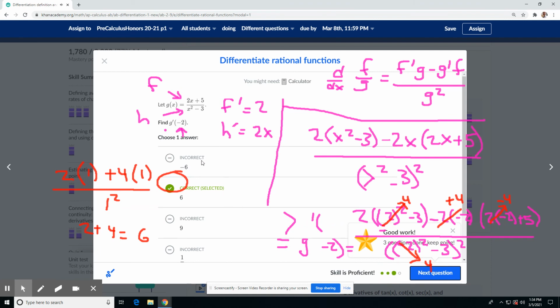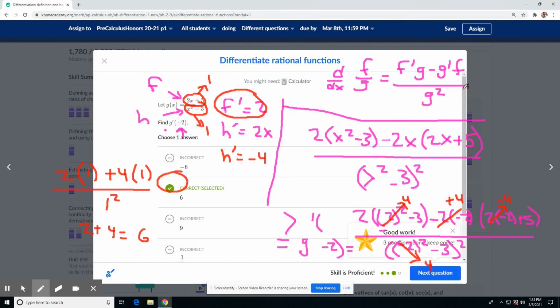So my point is, what we should have done is evaluate what each of these are at -2. That would have been a lot easier. -2 into this would be -4. So that turns into 1. -2 into this turns into 1. And then that doesn't matter. Plugging in the next, it'll be 2. Then h prime, when I plug -2 in, would give us -4.